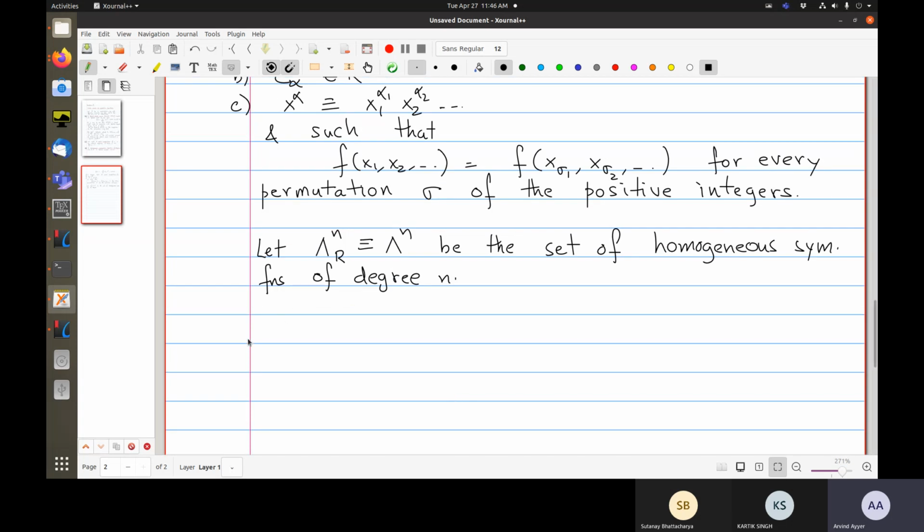So it's clear that if f and g belong to lambda n and a and b belong to r, then af plus bg belongs to lambda n. Right? So this implies lambda n is an R module.